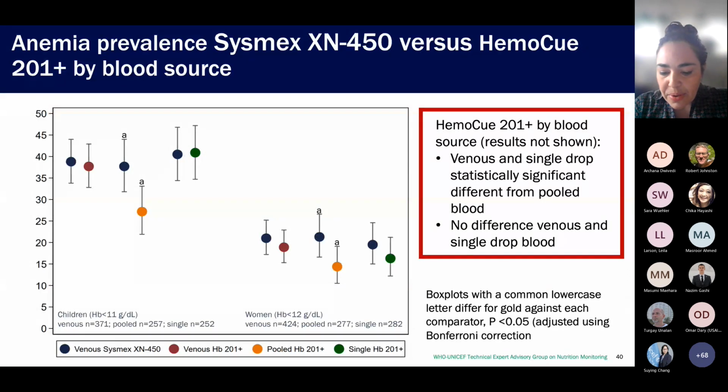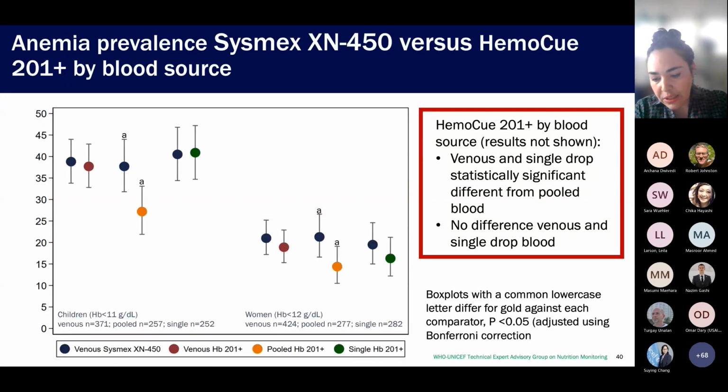So what we found when comparing prevalence estimates between the gold standard and each blood source, the pooled blood was statistically significantly lower compared to the gold standard for both children and women. There were no statistically significant differences between the gold standard and venous blood on the HemoQ 201 plus or single drop capillary blood on the HemoQ 201 plus.